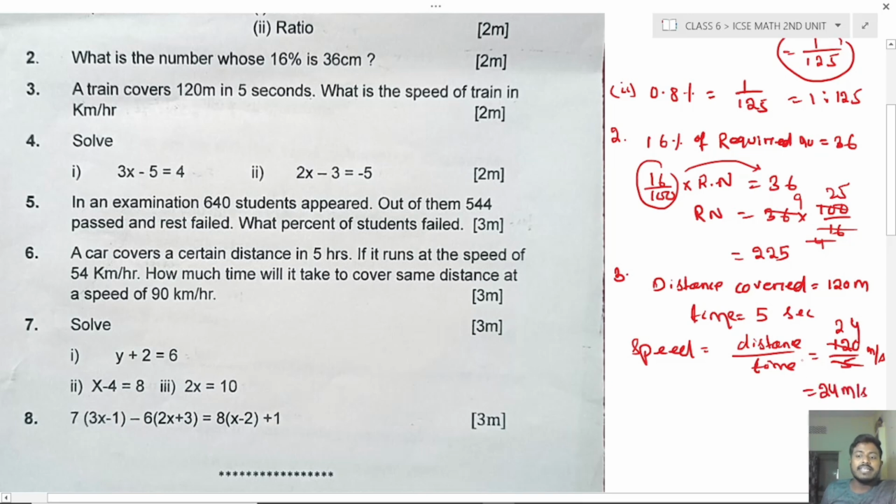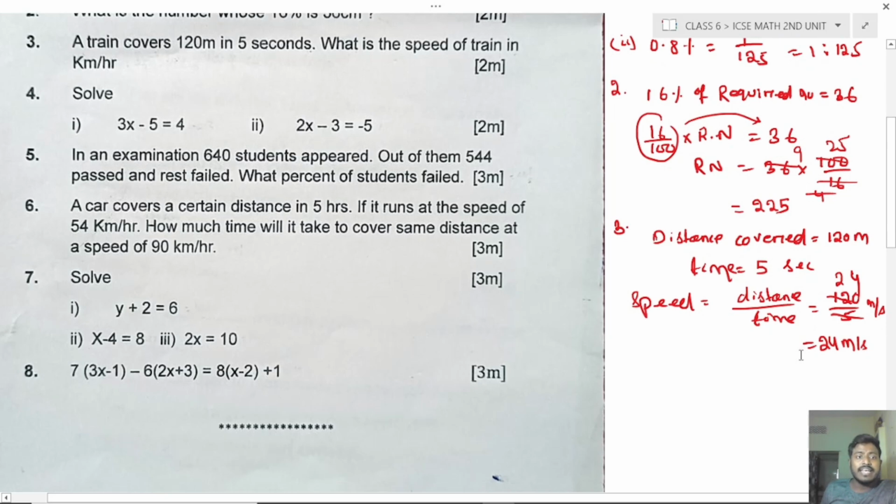But the question is to convert into kilometers per hour. Okay. So 24 meters per second, when we convert to kilometers per hour, then we multiply by 18 divided by 5.